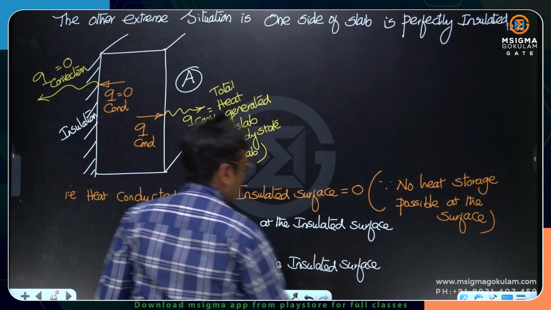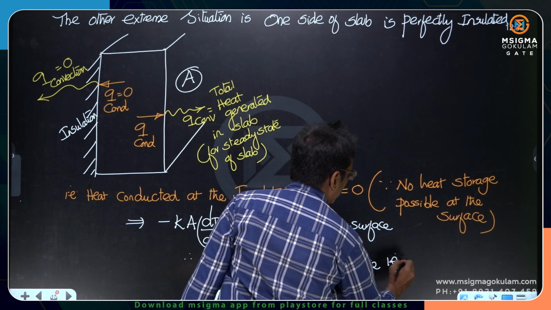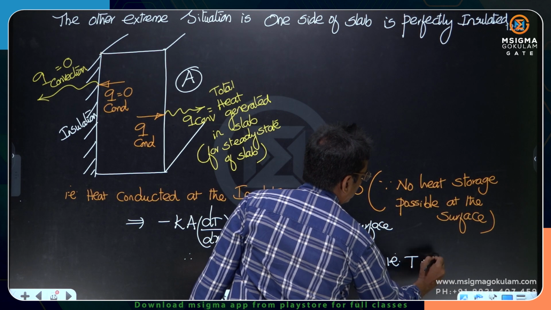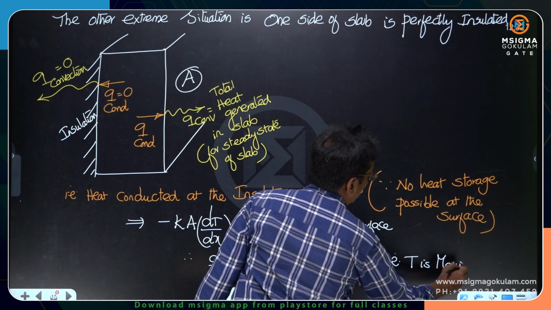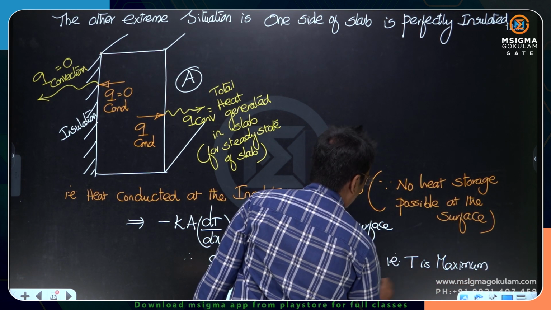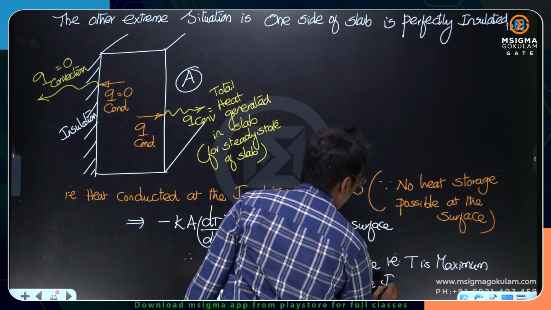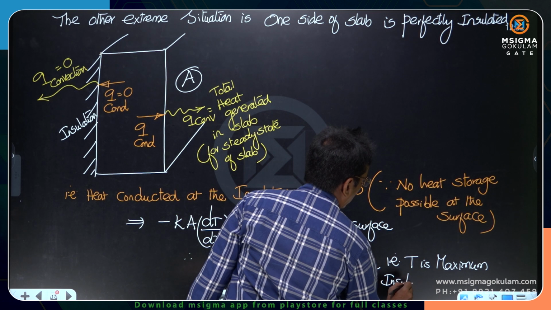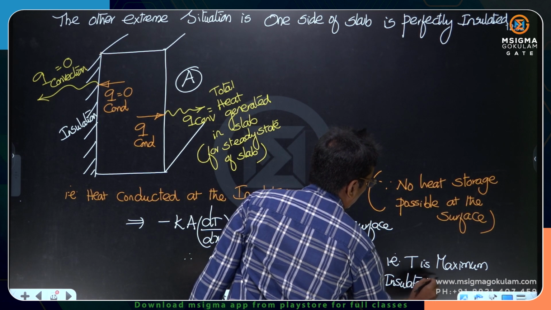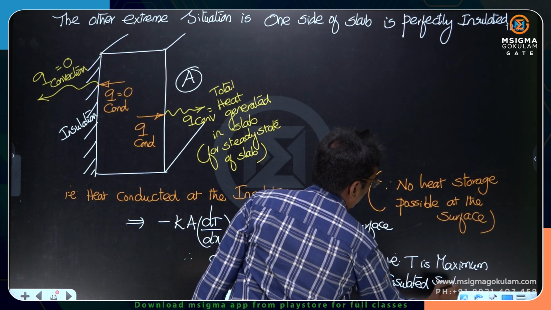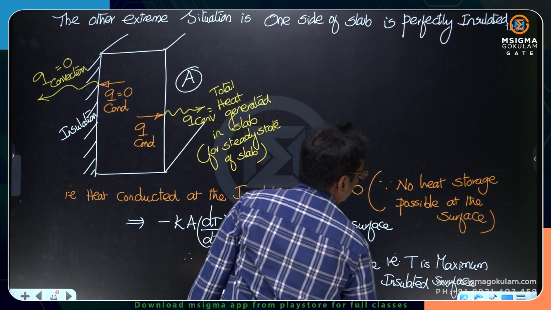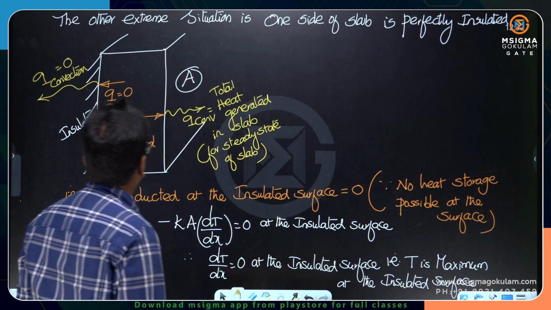That is, T is maximum at the insulated surface. T is maximum at the end.